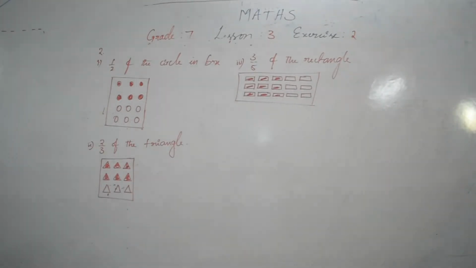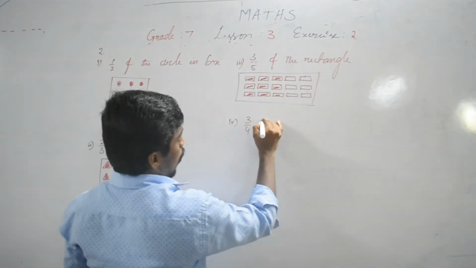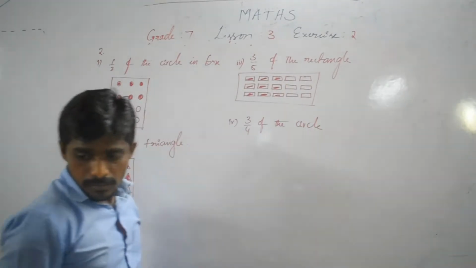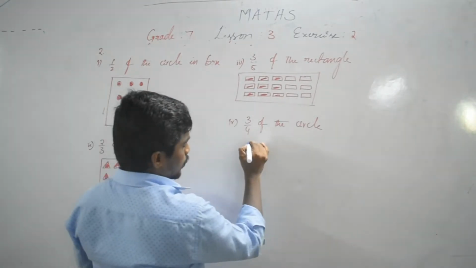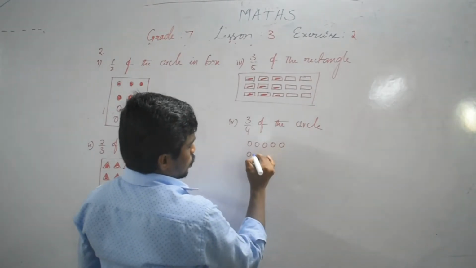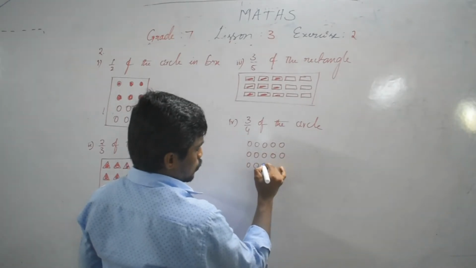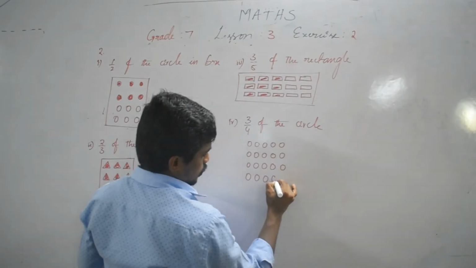Next one, 3/4 of the circles in the triangle. 1, 2, 3, 4, 5, in each row.